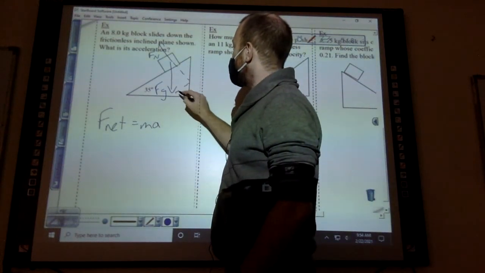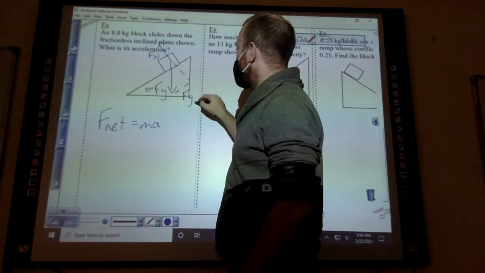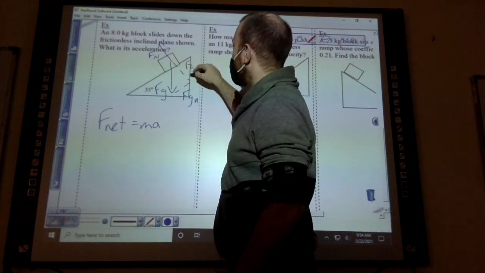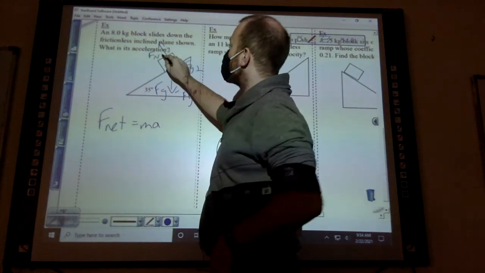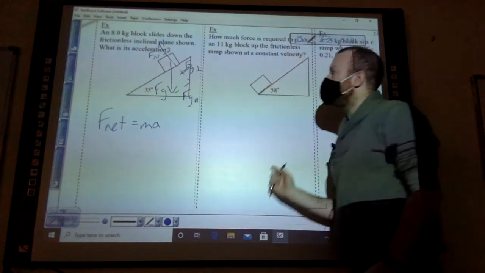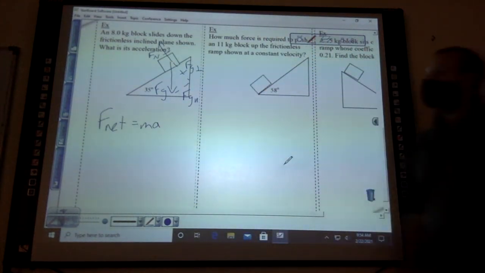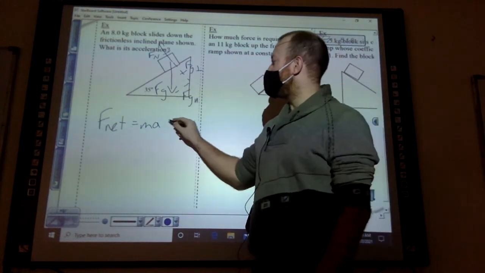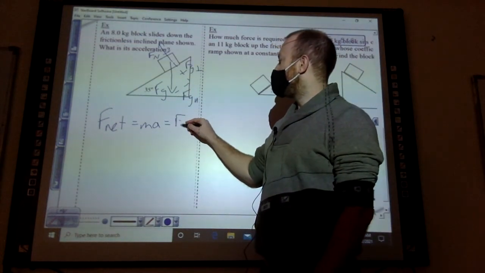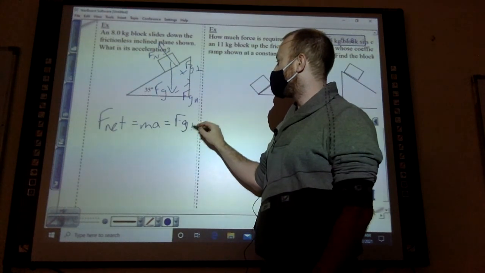So we need to split this up. I've got FG parallel. I've got FG perpendicular. The force normal and the FG perpendicular are equal, so they cancel out. And I get that my net force is just simply FG parallel.